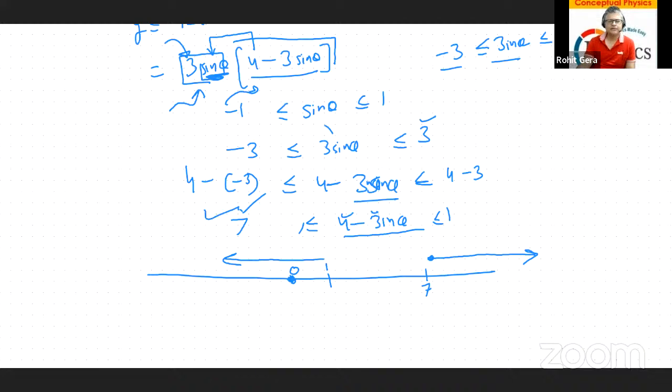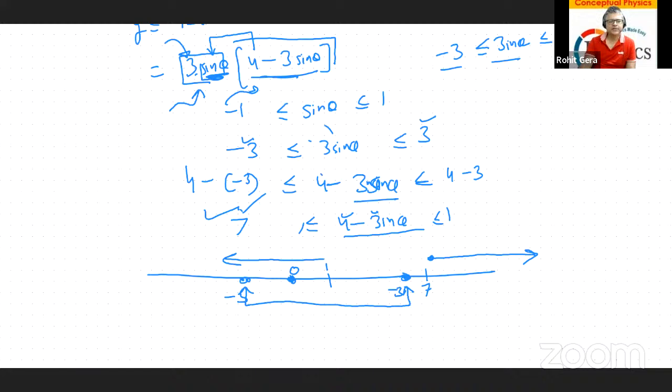And the other one is 3 sine theta, which is between 3 and minus 3. So this is a second function. It fluctuates from minus 3 to 3.